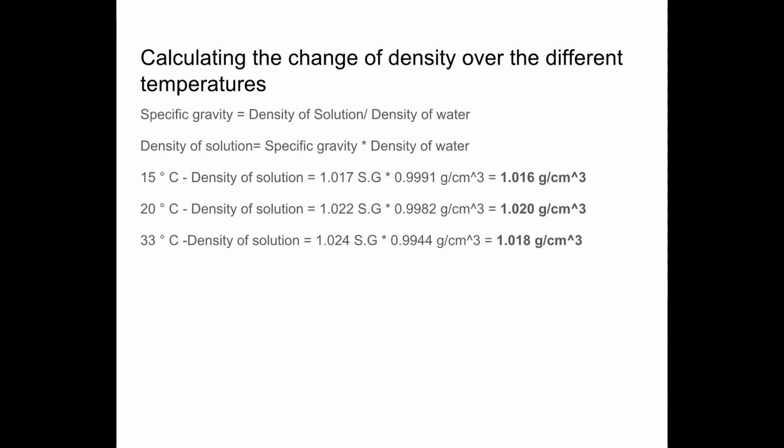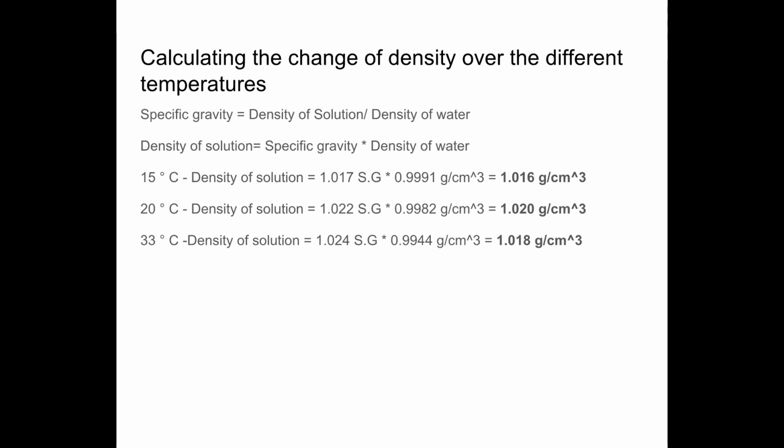First we did 15 degrees Celsius, and we used the specific gravity that we got earlier, and the density of the water at 15 degrees Celsius is 0.9991 grams per cubic centimeter, and from there we got 1.016 grams per cubic centimeter.